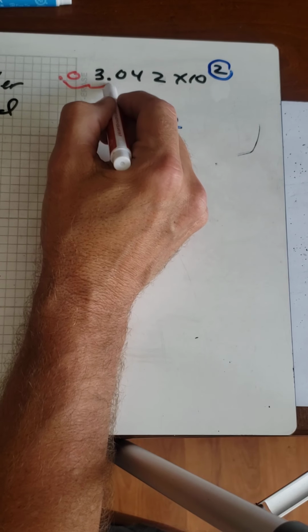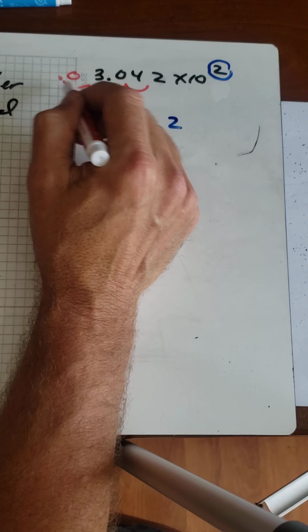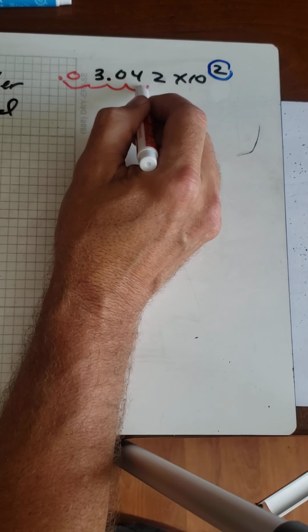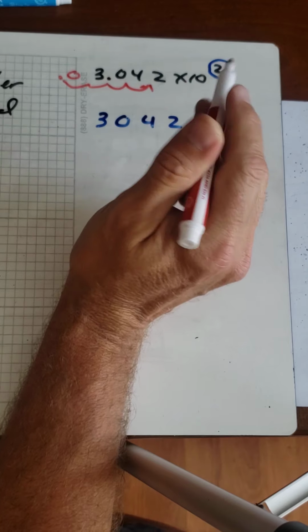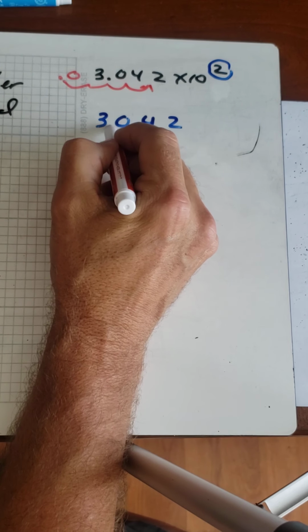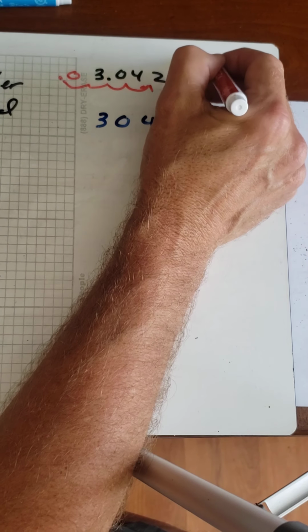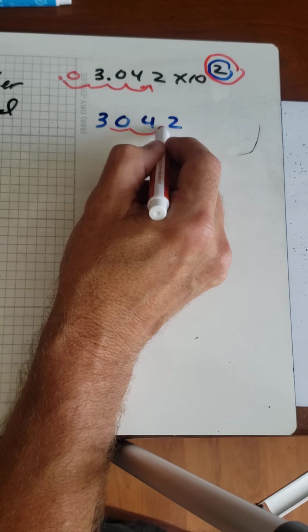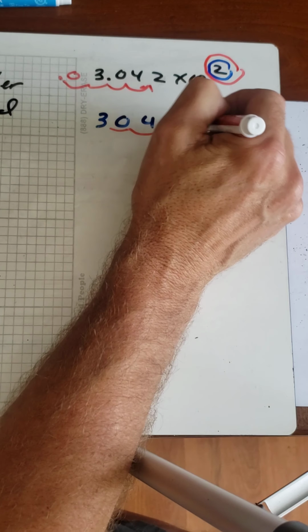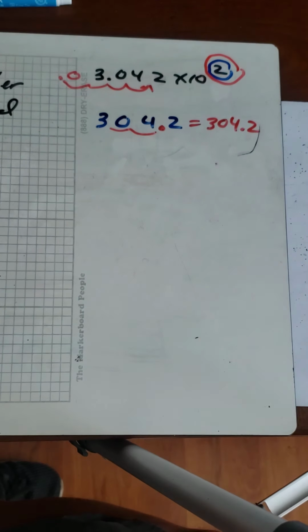Or I could move it the opposite direction, not saying left or right, and would that number be bigger than 1? Of course, we already know the answer. If the decimal started here and I need my end result to be bigger than 1 because this is positive, then I would have to move it to right there. So my new answer is 304.2.